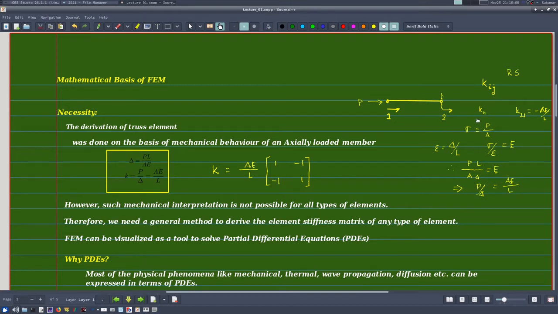Okay, so K11 is AE by L, and when I have this force, the reaction at degree of freedom 2 will be in just the opposite direction.